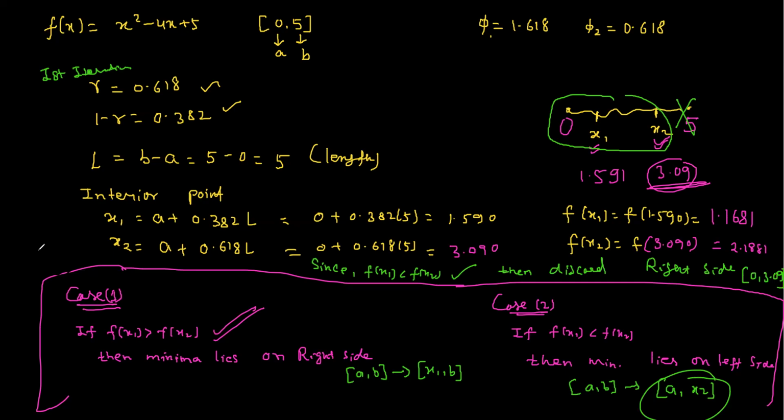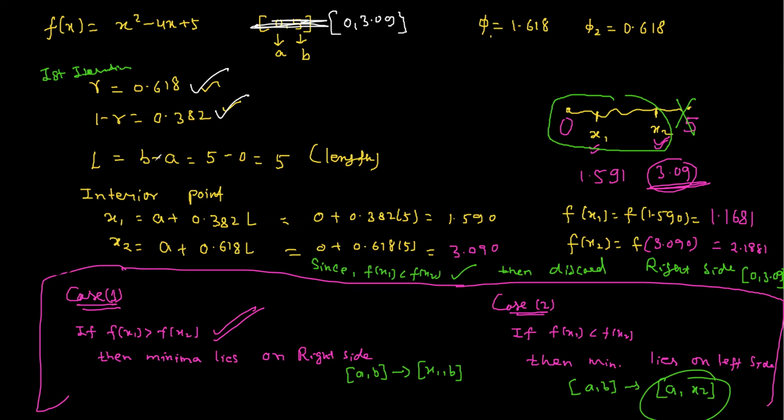Okay. Now again take r equal to what? 0.618, right? 1 minus r is this. What is the length? Length will also change because this is 0 and this is 3.09. Right?